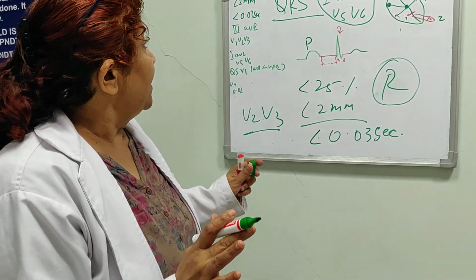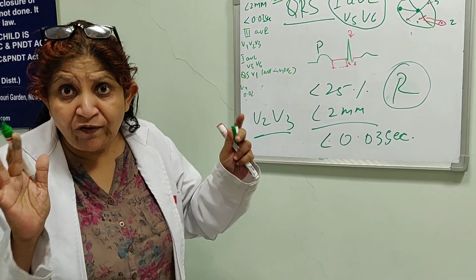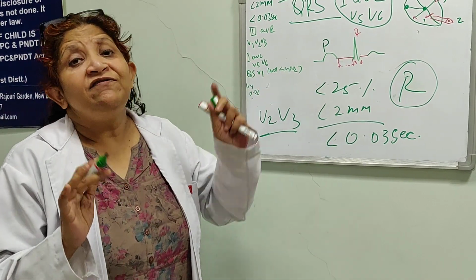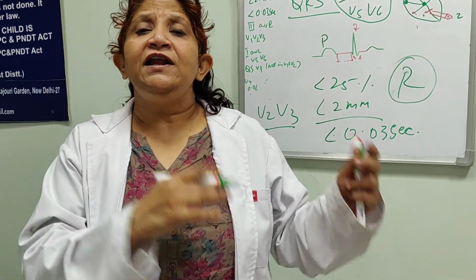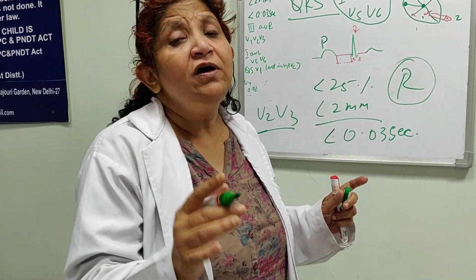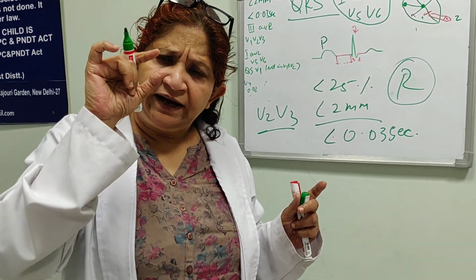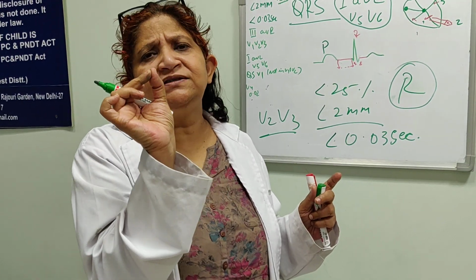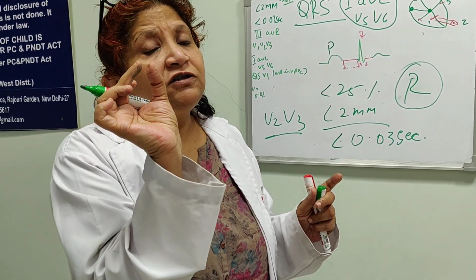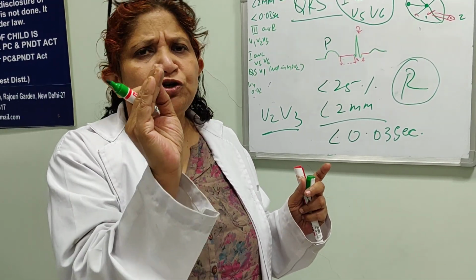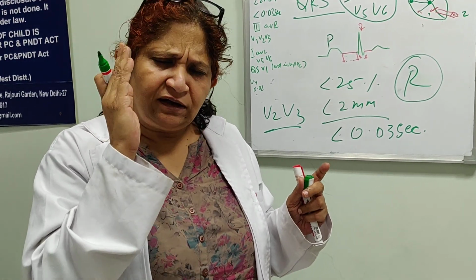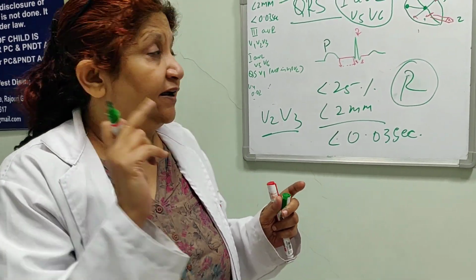Alright. Then normal Q waves will be there in 1, AVL, V5, V6. So all the left sided leads will have a normal Q wave, which is 1 small segment or at the most 2 millimeter in depth, and certainly less than half of small segment in width. That means 0.02, 0.01 like that, or at least less than 0.03 seconds.